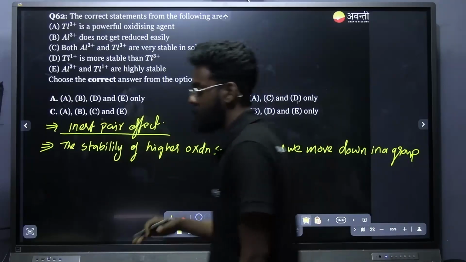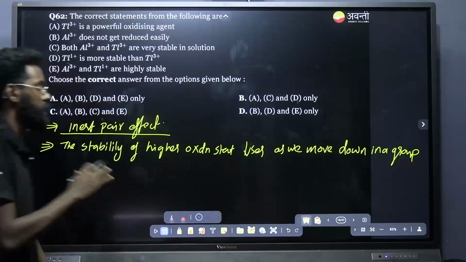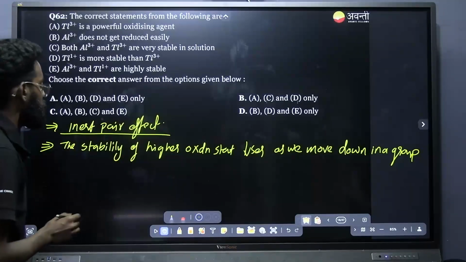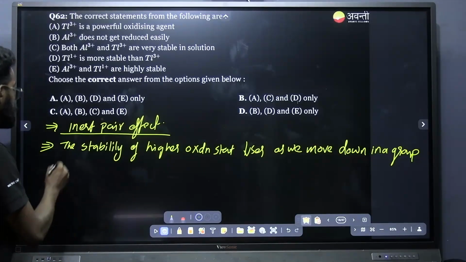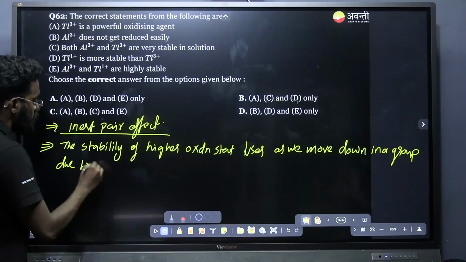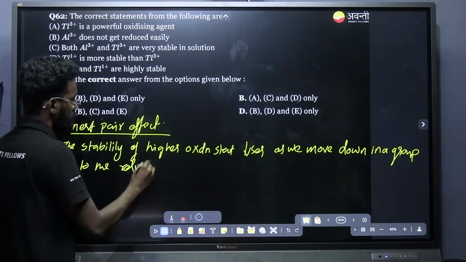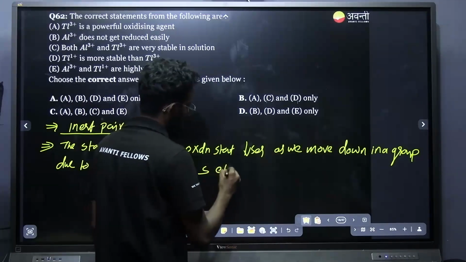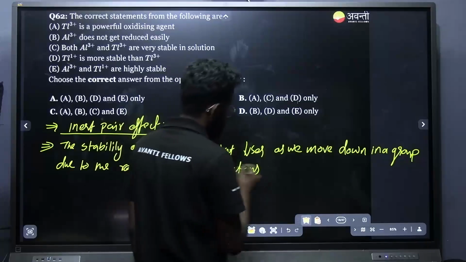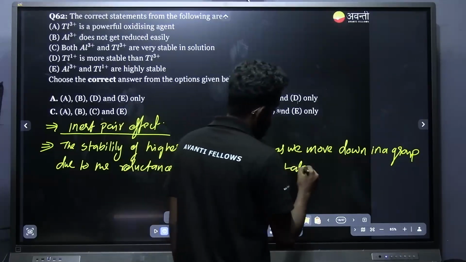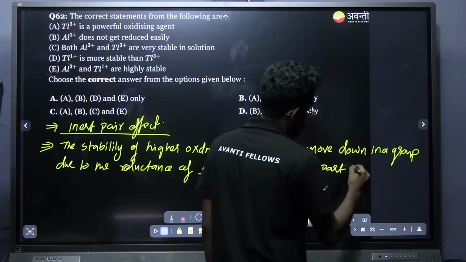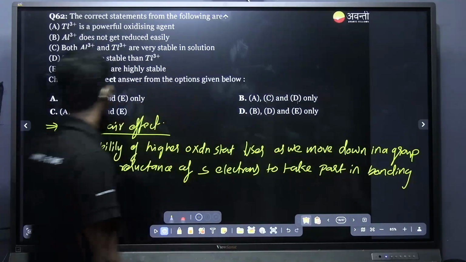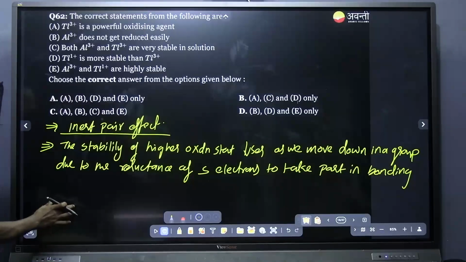As we move down in a group, for the p block elements only, like carbon family, nitrogen family and boron family, it decreases due to the reluctance of s orbital electrons to take part in bonding.